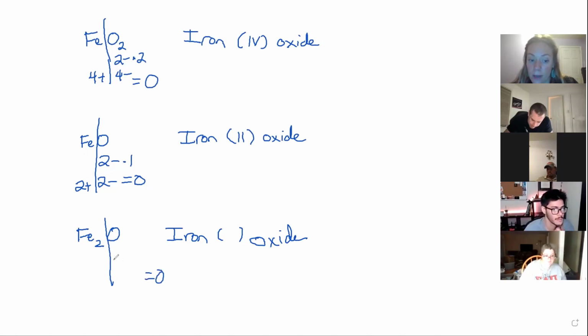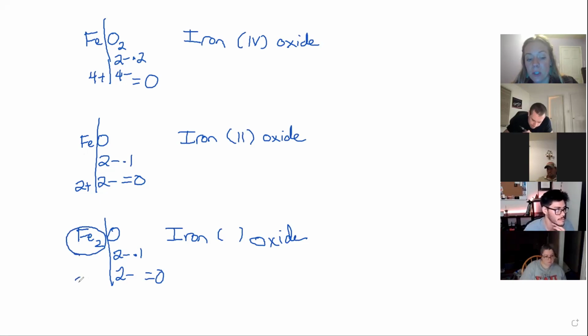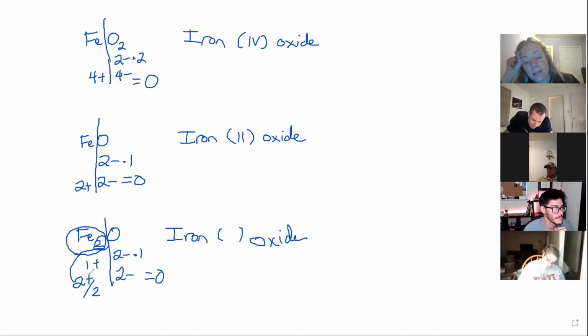Oxygen is always a 2- charge, and there is one of them, so it's an overall 2- charge. So the totality of this side needs to be 2+. But how many irons are there? The 2+ needs to be distributed amongst 2 irons. So we're going to divide it by the 2 to get a 1+, so each iron gives you a +1 charge. So this would be iron(I) oxide.